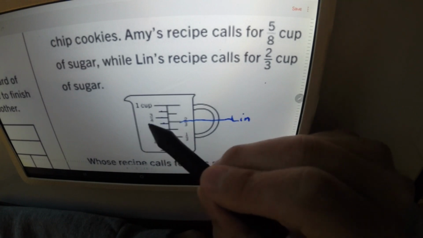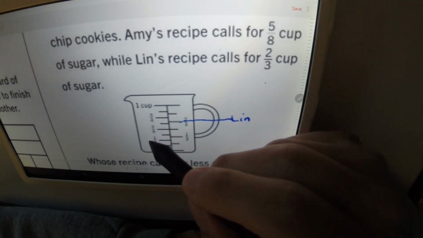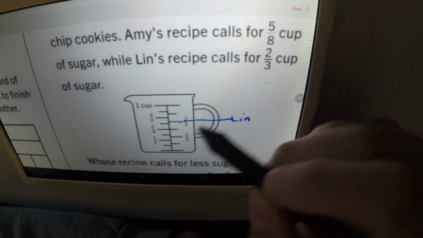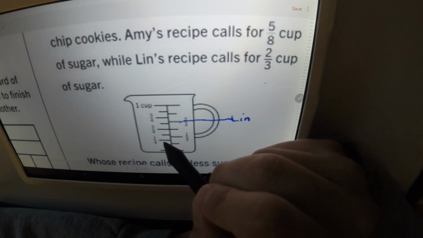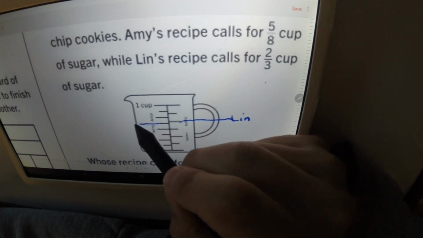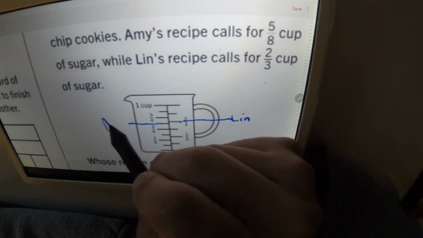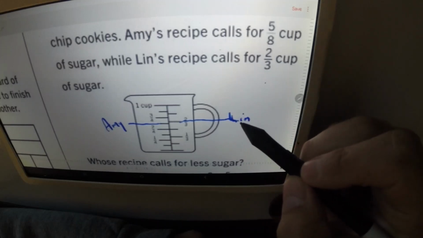So now we can just count them out. We don't have to worry about the numbers they gave us. 5 of the 8 is how much sugar Amy had. So 1, 2, 3, 4, 5. So this is Amy. This is how much sugar Amy had. This is how much sugar Lynn had.